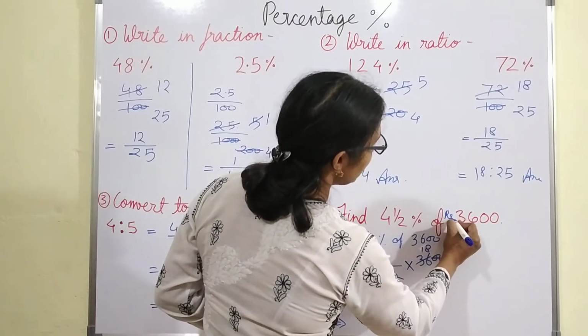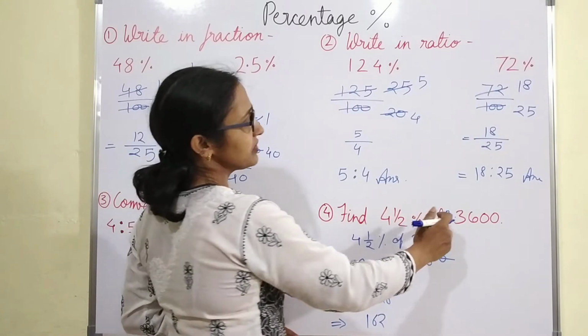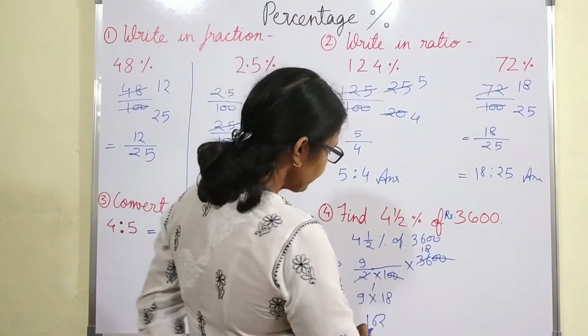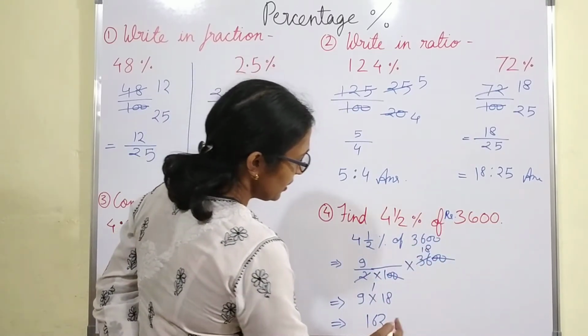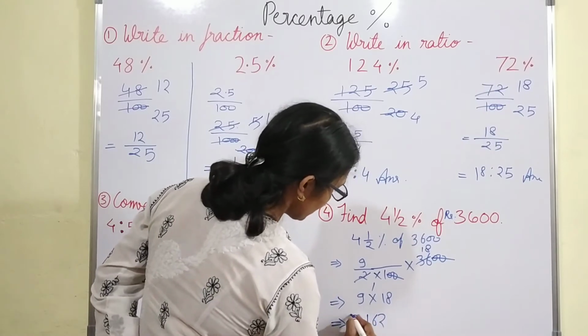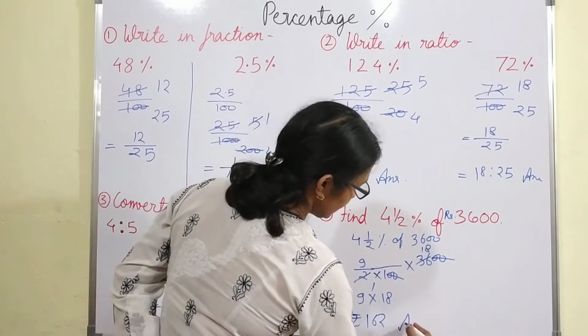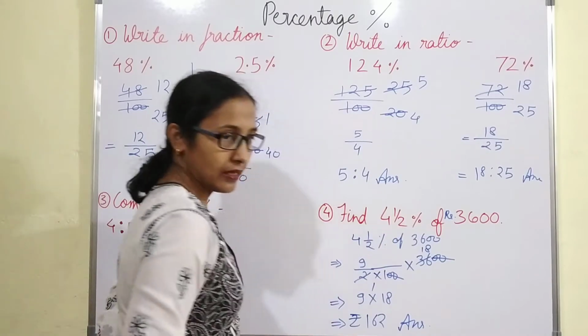Suppose it is rupees here. Find 4.5% of rupees 3600. So your answer will be 162 rupees.